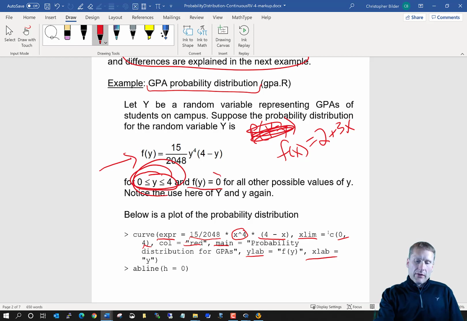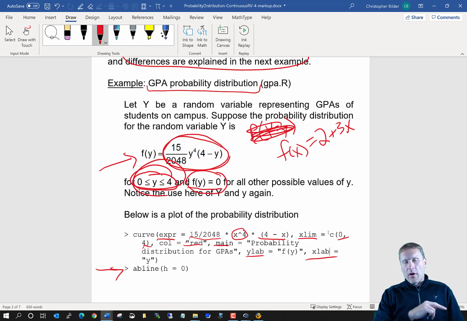Note that this f of y is equal to 0 for all other possible values of y. Also, if we take a look at this, f of y is always going to be greater than or equal to 0. Because of that, I'm going to put a little border on my plot where I draw a line on the y-axis at 0.